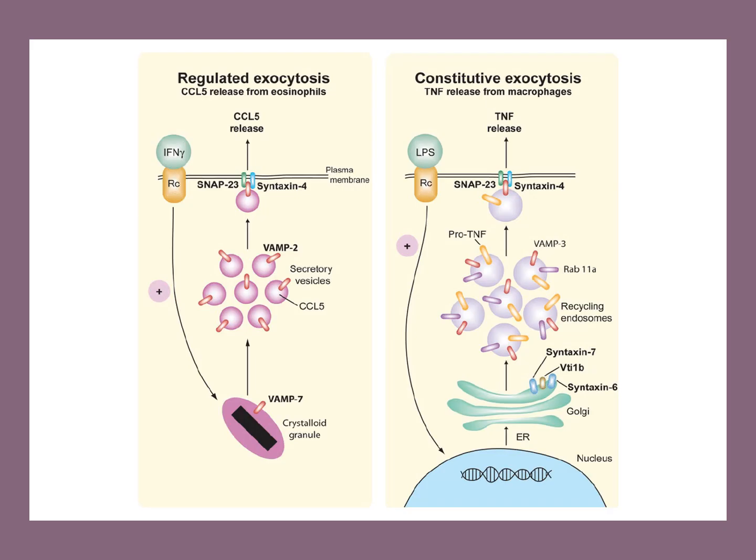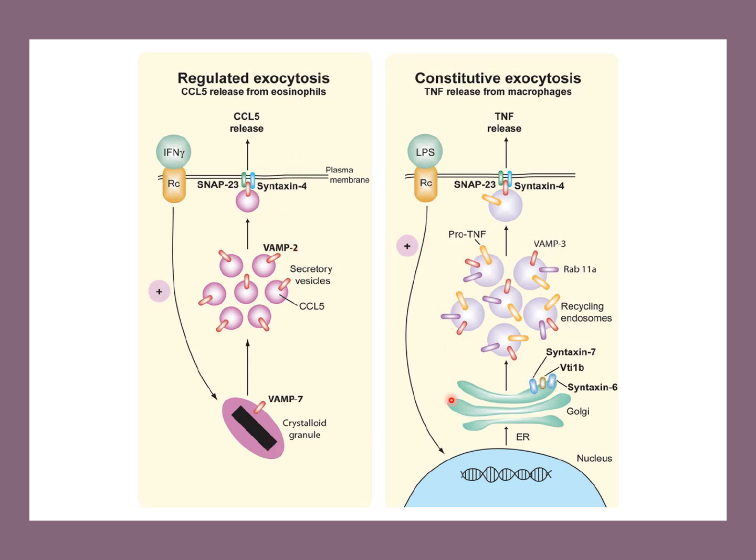There are two modes of vesicular release by the exocytosis method. One is the regulated pathway, also known as the non-constitutive pathway. Another is the constitutive pathway. In the non-constitutive pathway, proteins from the Golgi apparatus initially enter the secretory granules, where processing of prohormones to the mature hormone occurs before exocytosis, and it is called the regulated pathway.